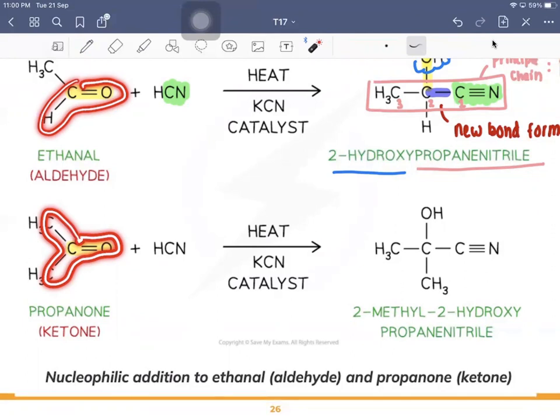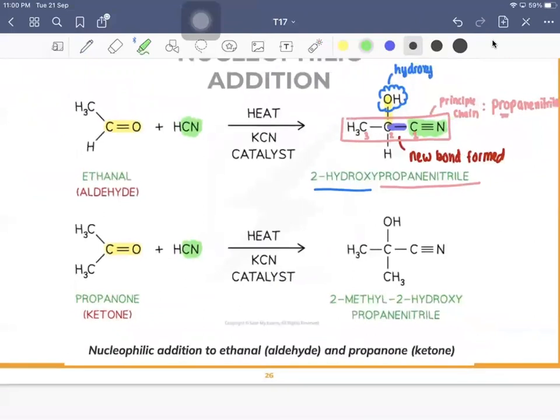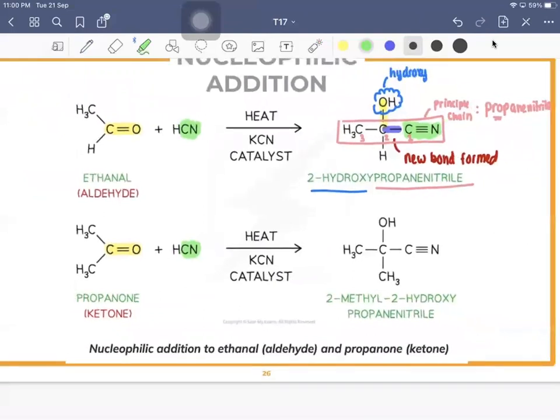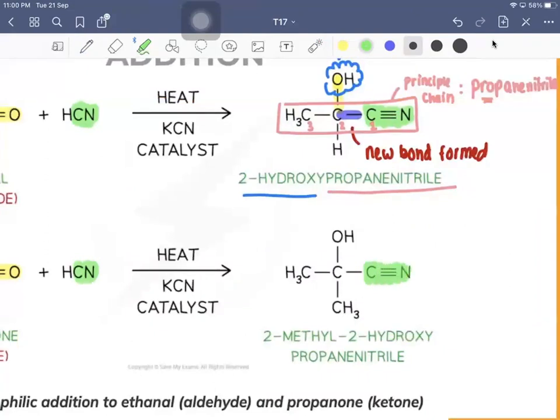Same thing. You've got a hydrogen cyanide with your catalyst in the form of potassium cyanide, and then the CN will end up here being attached. The new bond being formed is the C single bond C. That is your new bond.